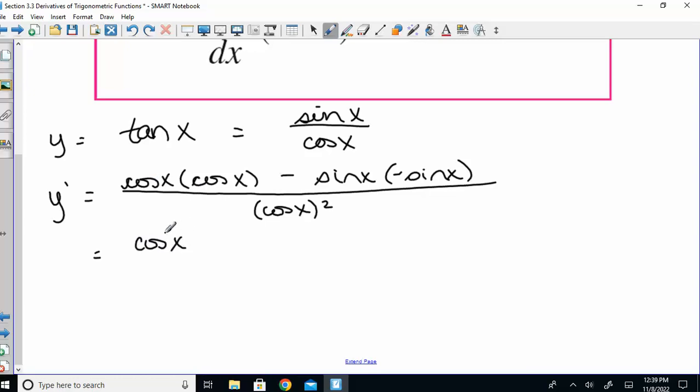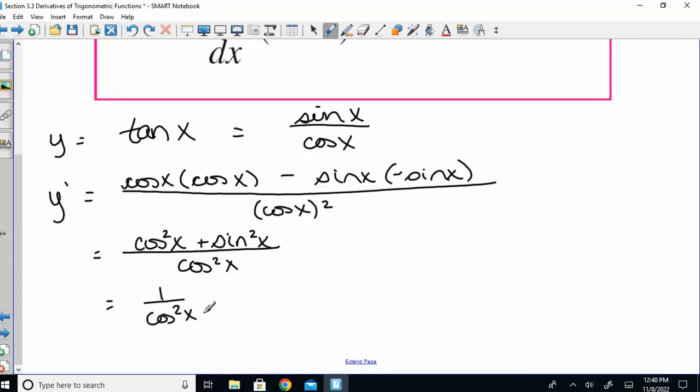We get cosine times cosine, which is cosine squared x. Negative sine times negative sine is positive sine squared x, over cosine squared x. What is cosine squared plus sine squared?